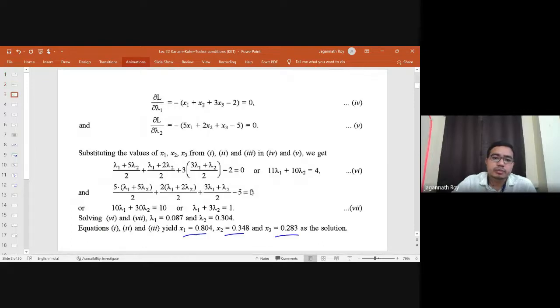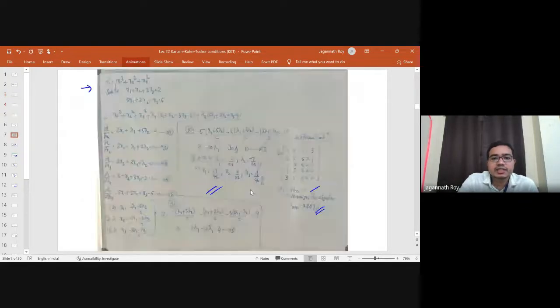So if you take positive plus lambda 1, then you will get some value. So lambda 1 was a positive value, and this is also positive. But if you take the other case, there you can see that lambda 1 and lambda 2 are negative values. Okay, so this can happen.